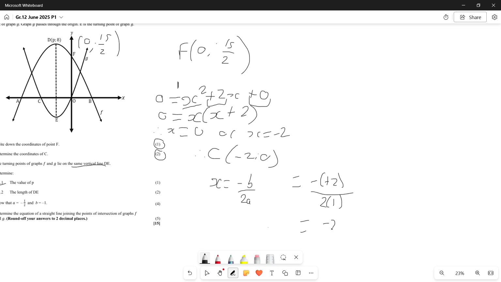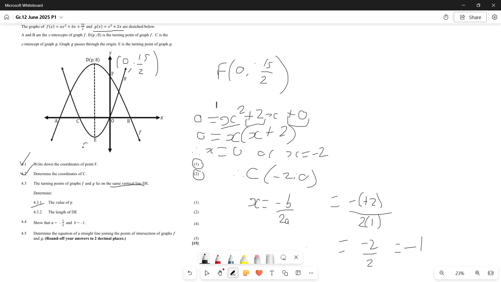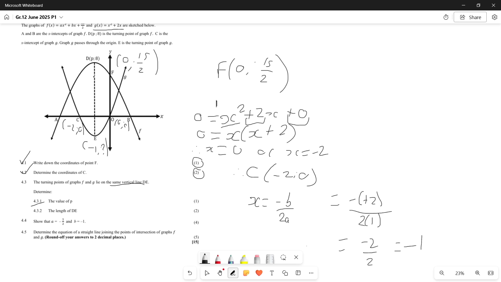We have -2 over 2 equals -1. So our x coordinate here is -1. This one we do know, it is (-2, 0), and this one is (0, 0). And the fact that this is -1, this is on the same vertical line, meaning that p over here is also -1.